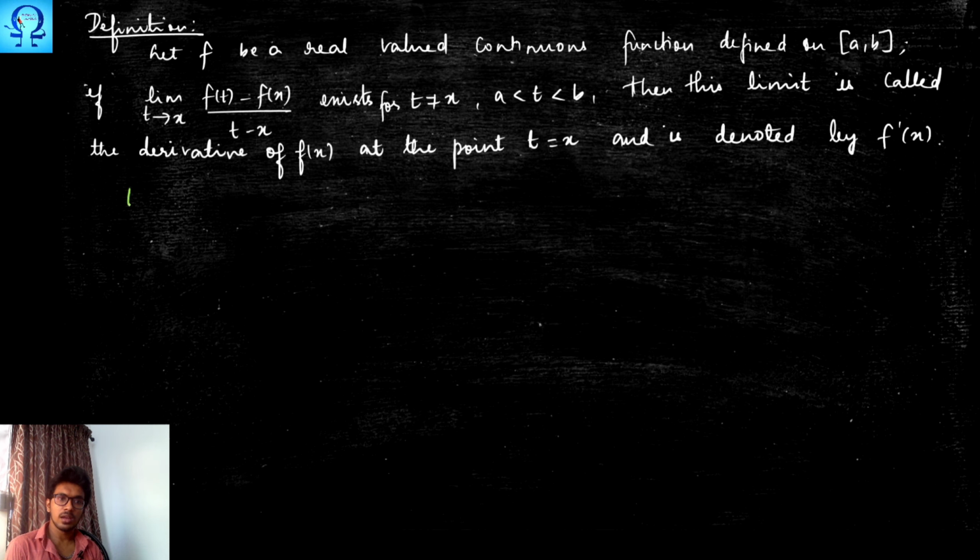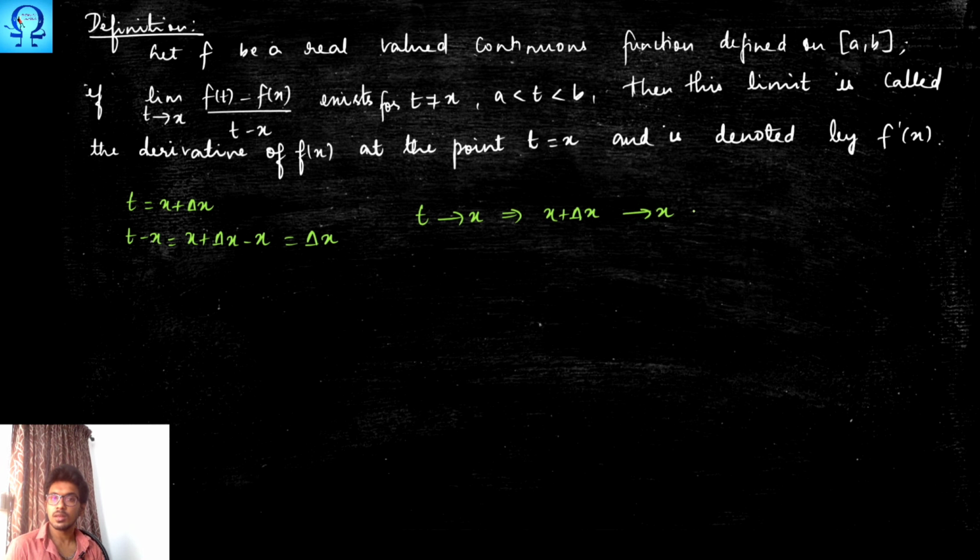In a simpler notation, if we take t to be x plus delta x, then t minus x would be x plus delta x minus x, which is simply delta x. t approaches x is equivalent to x plus delta x approaches x, which is equivalent to delta x approaching 0, because x is a fixed quantity here.